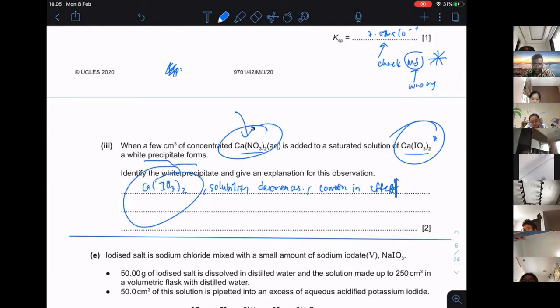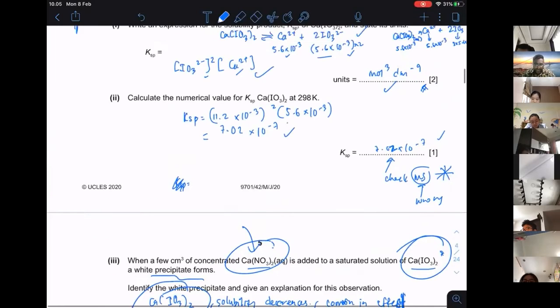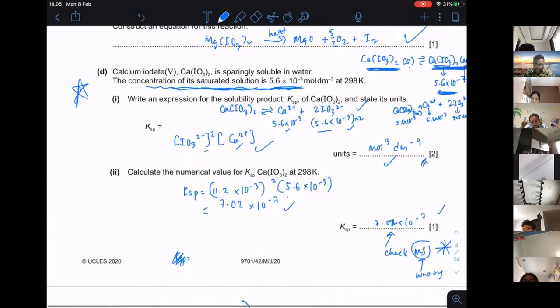And then what happens over here? Give an explanation. The explanation is quite simple. When you are adding calcium nitrate, you are adding calcium ions. According to LCP, when you increase the concentration of calcium ions, calcium ions must be removed. So the position of the equilibrium is shifted to the left.